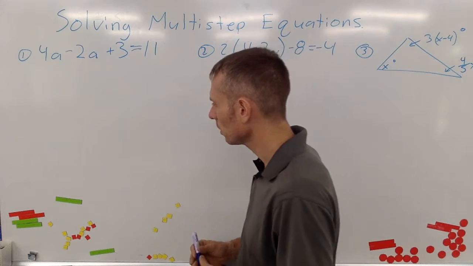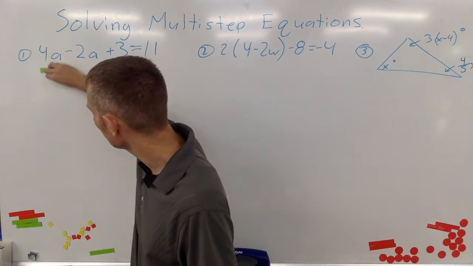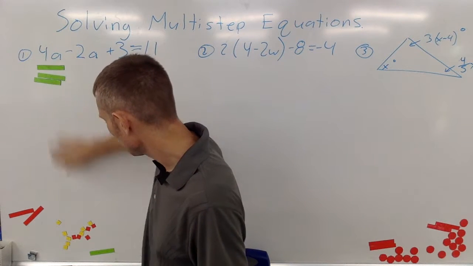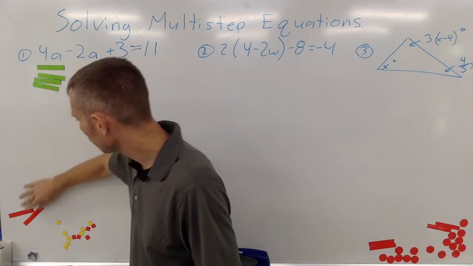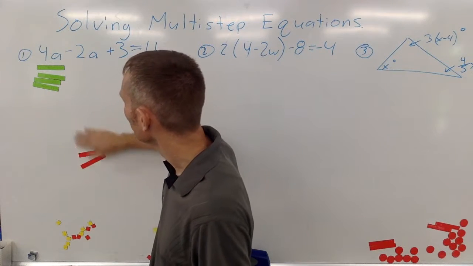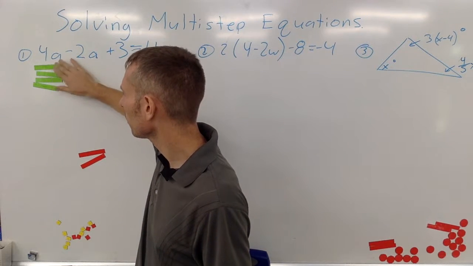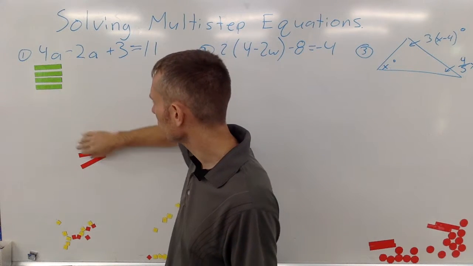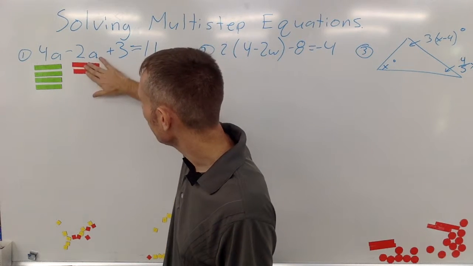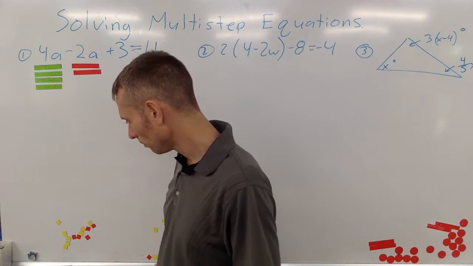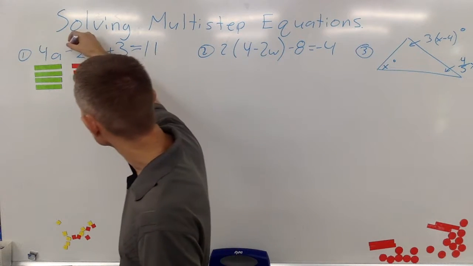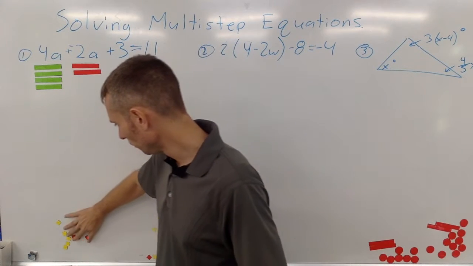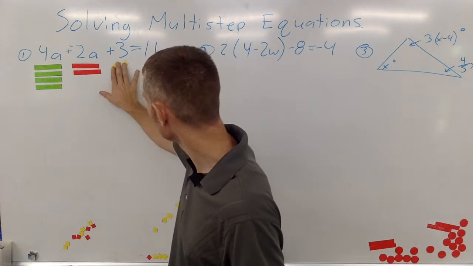So let's get started. I'm going to go ahead and model this first one for you, because I think that's helpful for some students. I don't have time, I think, to model all of them, but I'm going to model this for A. A is a variable. We know that the long green rectangle is a positive variable. I have 4 of them, minus 2a, or another way of thinking of this is plus negative 2a, plus 3.